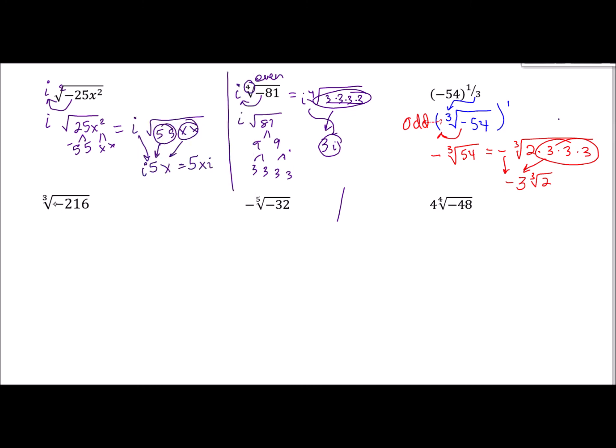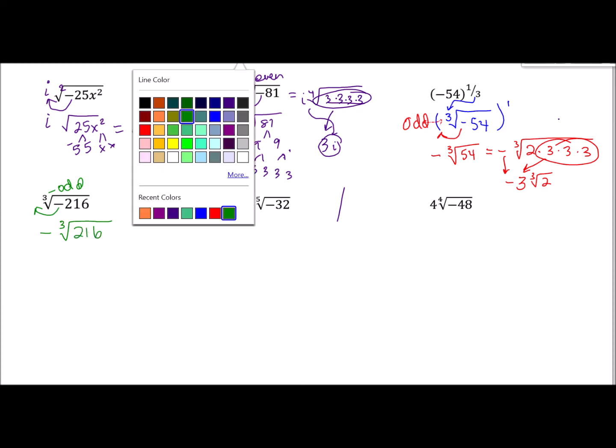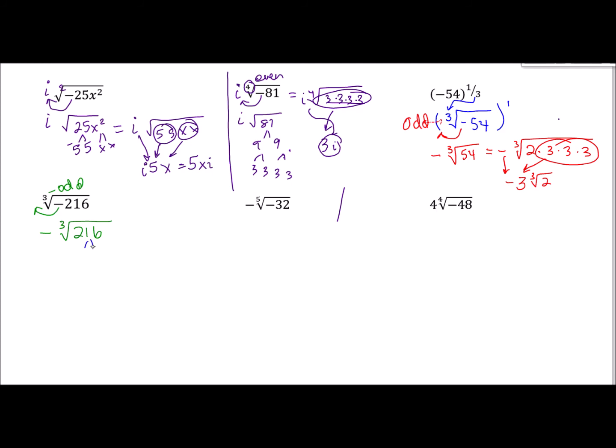Okay. Cube root of negative 216. This guy is odd, which means that negative bumps out in front. And it becomes negative cube root of 216. Okay, 216, I can't do that one in my head. Too many numbers.